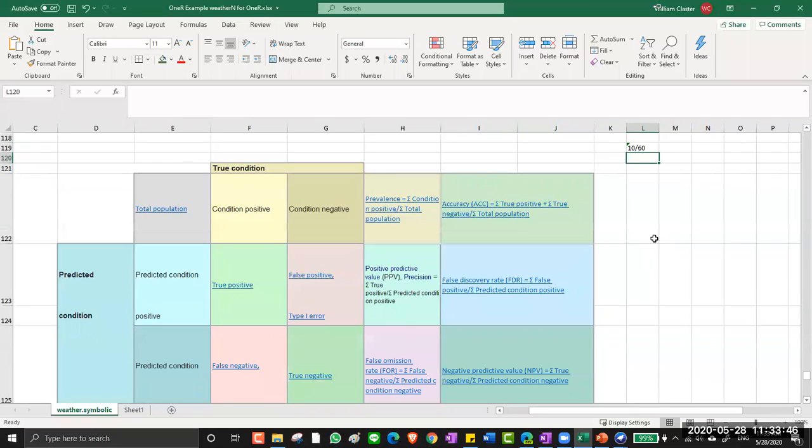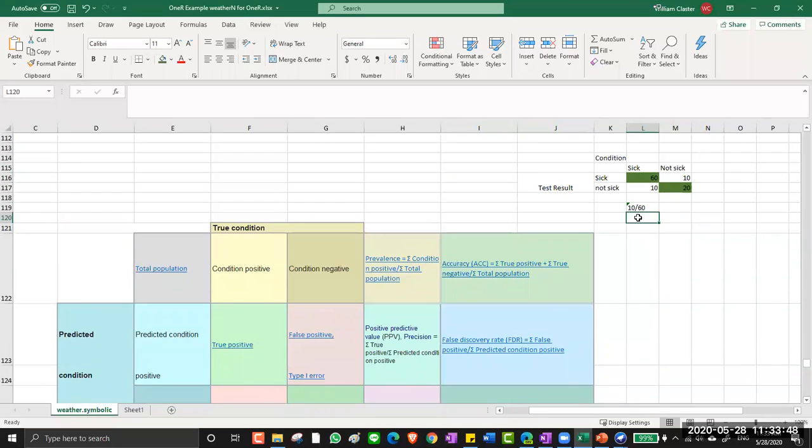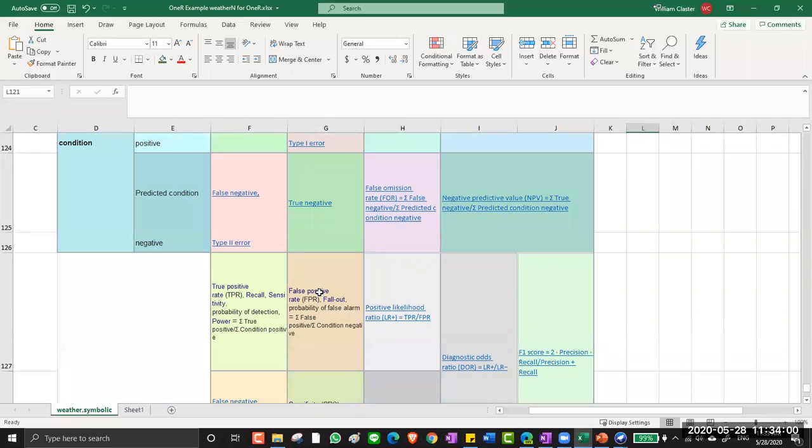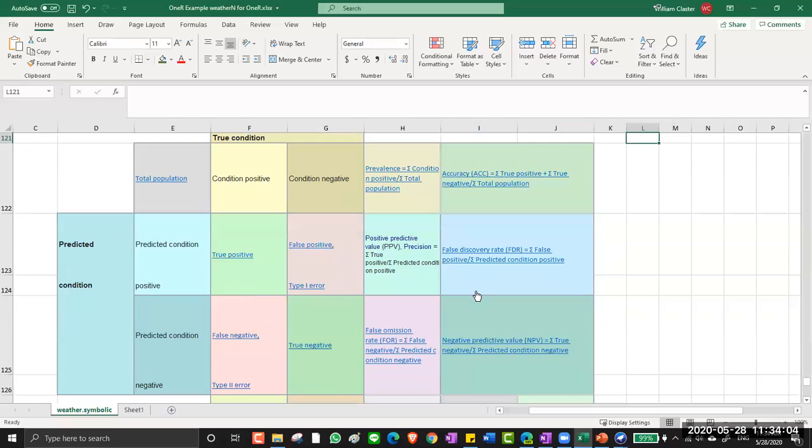But actually the accuracy wasn't 10 over 60, it was 50 over 60, right? So that is called the true positive rate. Anyway, we have some other things here. Maybe we'll study it later.